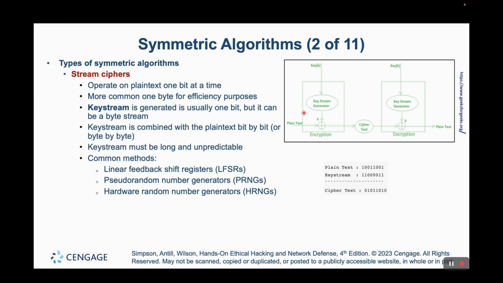Here the key stream is generated, usually 1 bit, but it can be a byte. It's a stream of random or pseudo-random bits that is used to encrypt the plain text. It is generated from the secret key. So the secret key is used to generate the key stream.